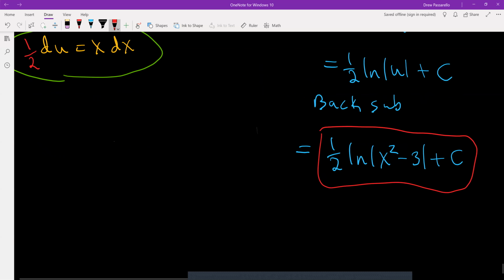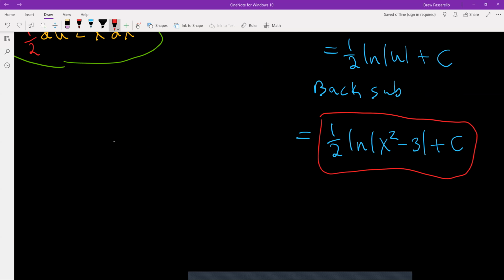And like in the previous one where I had 1/2, you could write it as the natural log of the absolute value of the square root of x squared minus 3 plus c.